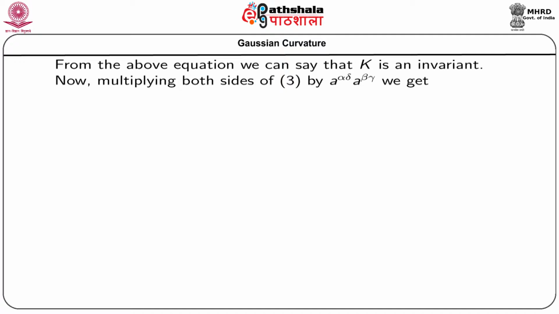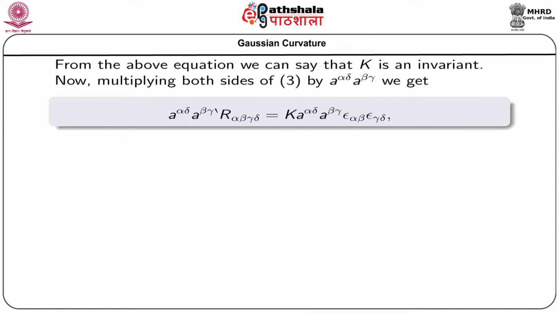Now, multiplying both sides again by a alpha delta, that is the contravariant part, a alpha delta a beta gamma, we get this relation.